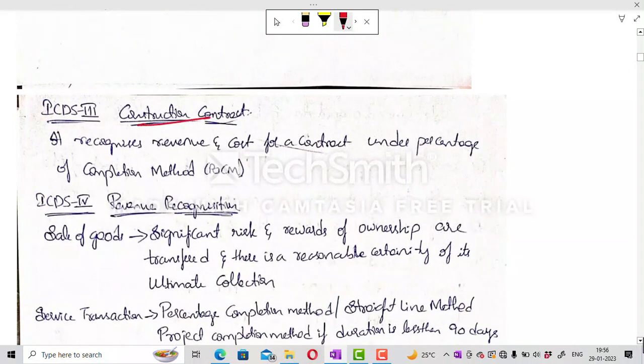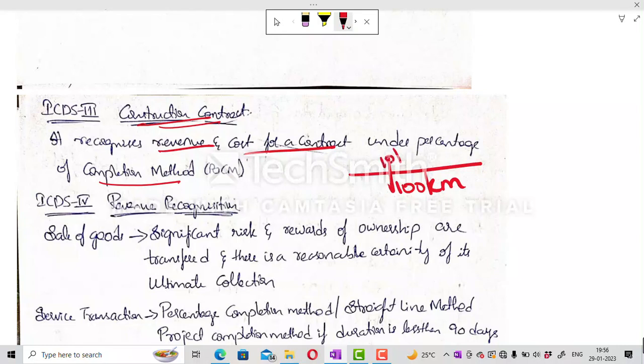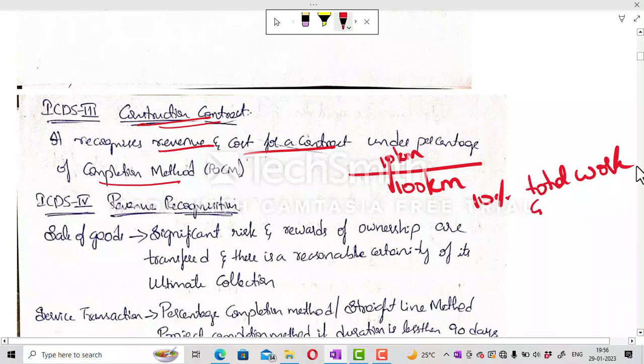Construction contract: for a construction contract we recognize revenue and cost of contract under the percentage of completion method. What is meant by percentage of completion method? If we are constructing a road of 100 kilometers and we have constructed 10 kilometers, that means 10% of the total work is completed.